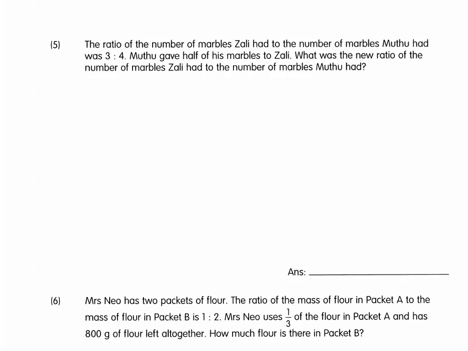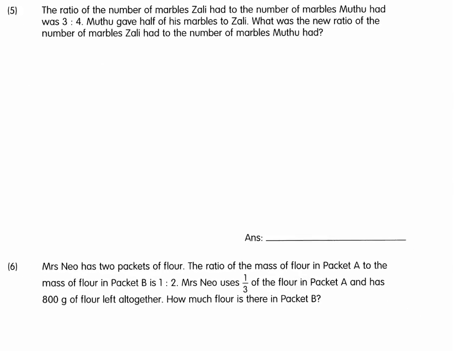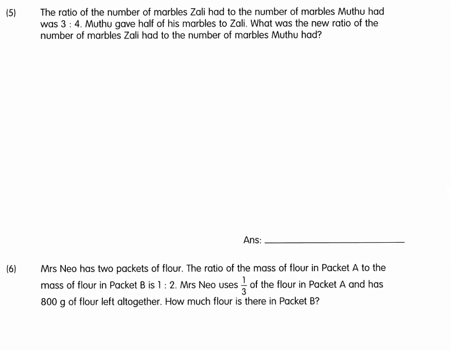The ratio of the number of marbles Zali had to the number of marbles Mutu had was 3:4. Okay, Mutu gave half of his marbles to Zali. Right, I think I need to write clearly. Okay, Mutu. Then this is 4. So Mutu gave half of his marbles to Zali.